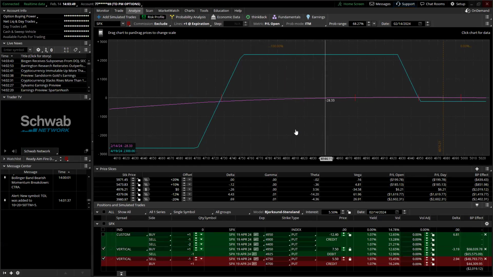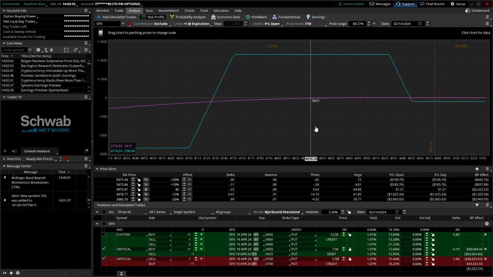Now, how do we come up with this $2,700? We have risk both to the upside and to the downside. We have a 25-point wide put debit spread, and we have a 50-point wide put credit spread.